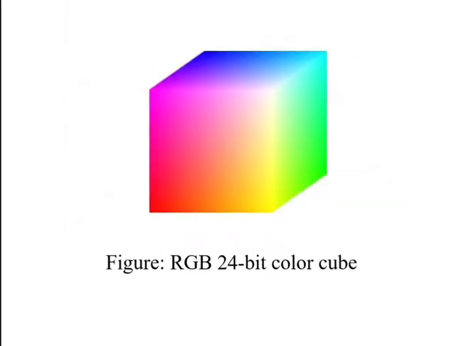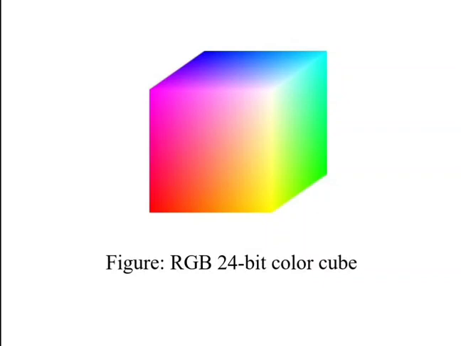Images represented in the RGB color model consist of three component images, one for each primary color. When fed into an RGB monitor, these three images combine on the screen and produce a composite color image, as we discussed earlier. The number of bits used to represent each pixel in RGB space is called the pixel depth.